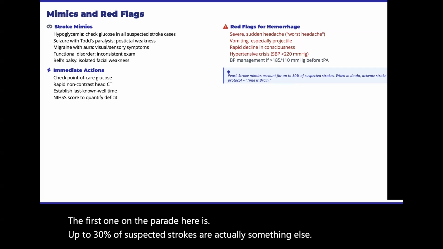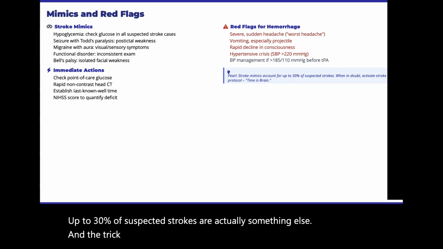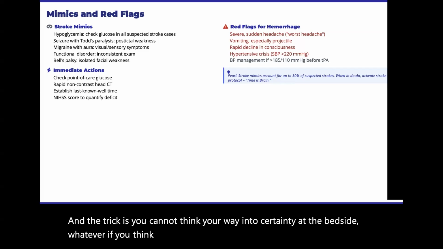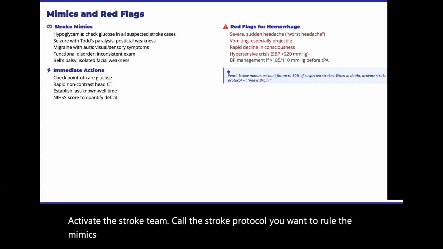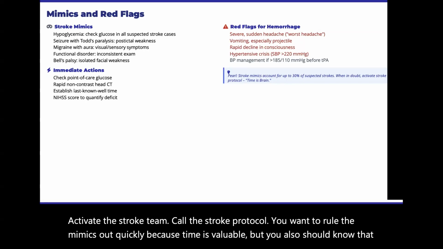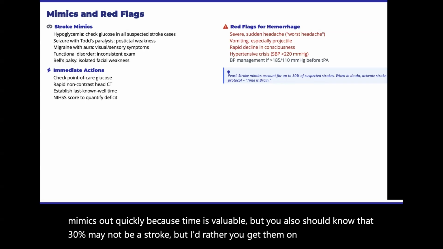And the trick is you cannot think your way into certainty at the bedside. If you think it's a stroke, activate the stroke team, call the stroke protocol. You want to rule the mimics out quickly because time is valuable, but you should also know that 30% may not be a stroke. I'd rather you get them on their way than risk it, because time is brain.